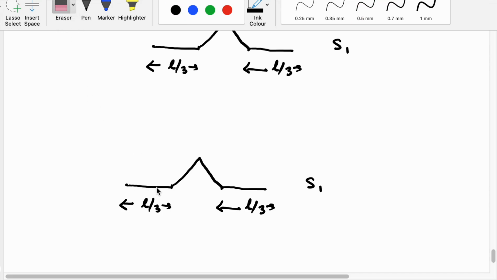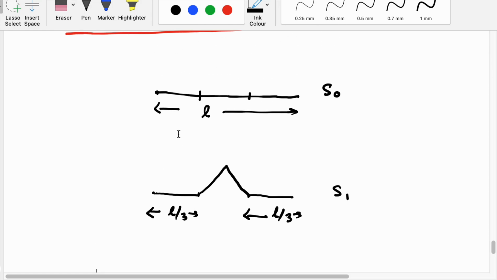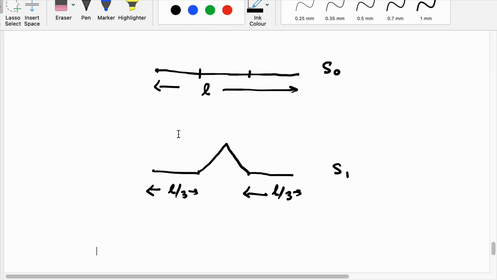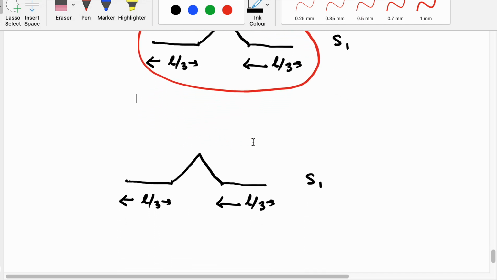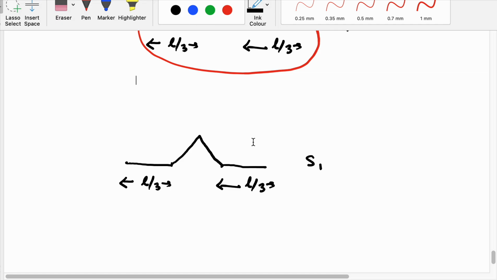Here you see that there is a line, and from the line you will create this kind of structure. The process is, you remove the middle part and replace it by an equilateral triangle. Now the same process I will repeat with every line segment.